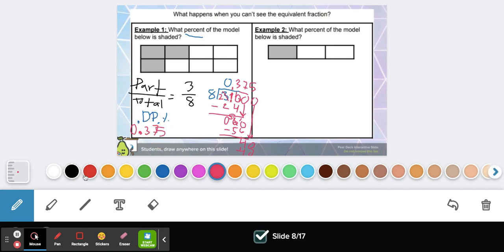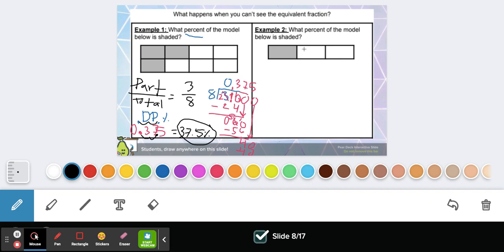Okay. So what I'm going to do now is I have to move it twice to the right. So 1, 2, and I need to match this one. 1, 2. So then here, 37.5%. So this is my percent for this one right here, for example 1.